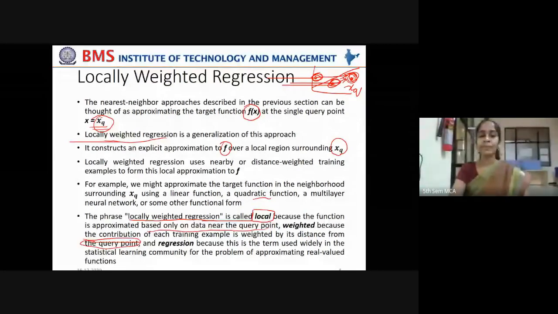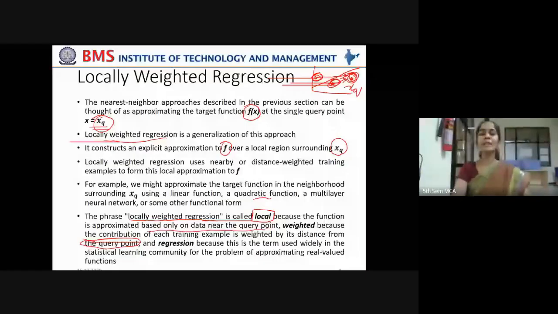And why do we call it regression? Regression is the term used widely in the statistical learning community for the problem of approximating real valued functions. Normally, this is a thumb rule: if you are trying to predict the label of a new instance, a discrete label, then we call it a classification task. But if you are trying to predict some numerical value, then we call it a regression task, right?